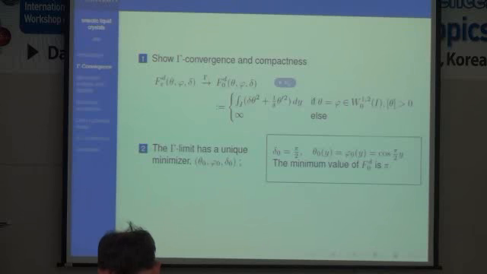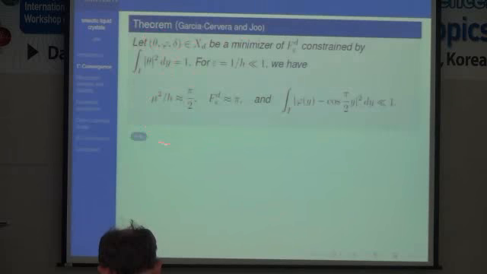That's why we restricted ourselves to a restricted set of only the positive solutions, because when the gamma limit has a unique minimizer, the sequence of the minimizers itself converges to that unique minimizer of the gamma limit, not only a subsequence. So we can approximate our minimizer by the minimizer of the gamma limit.